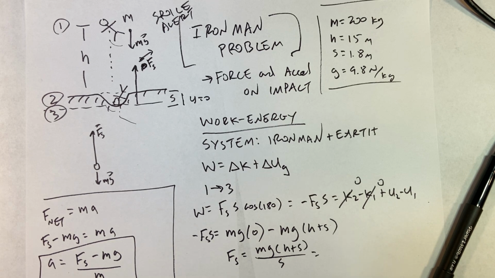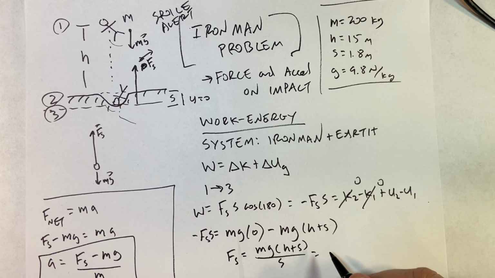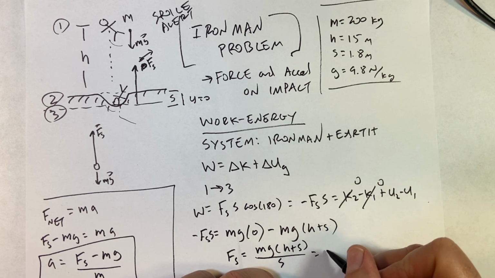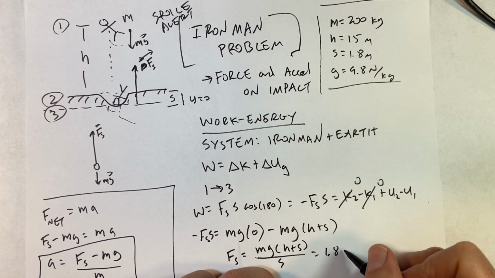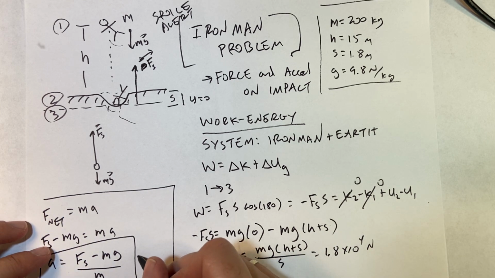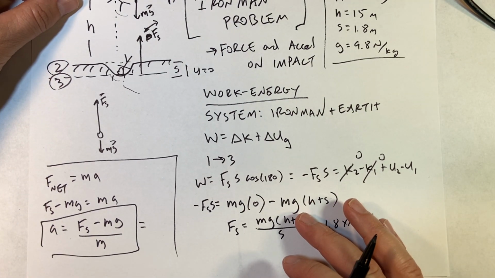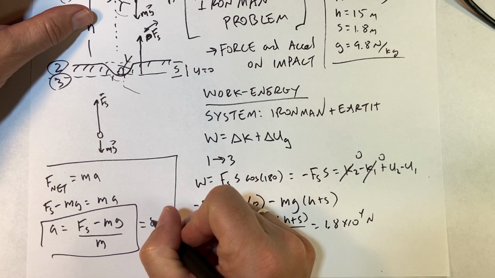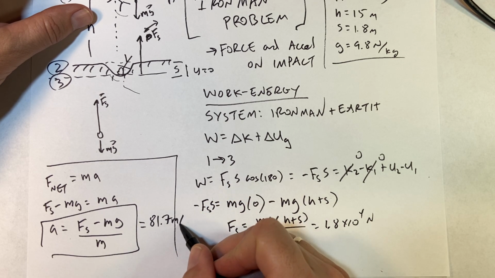And I get Fs is, ooh, it's high, 1.8 times 10 to the 4th newtons. And for a, I get 81.7 meters per second squared.